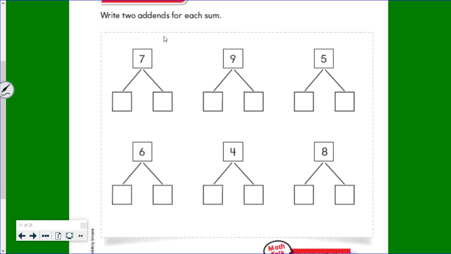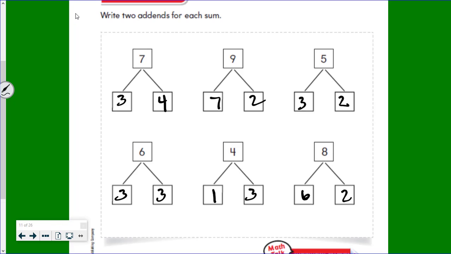So for example, I've got 7 counters: 1, 2, 3, 4, 5, 6, 7, and I'm going to flip over 3 of them to be red counters, and the other counters are going to be yellow. So I've got 3 red and 4 yellow. That's a great way to do it, so try it with your counters if you're having trouble. Go ahead and pause your video and work through these 5 problems.